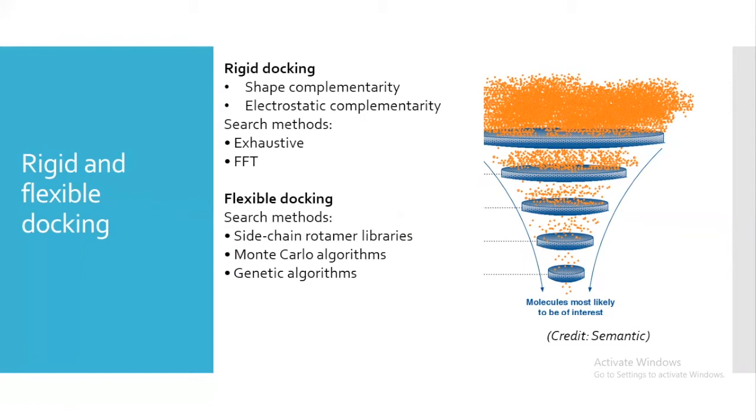In flexible docking, the protein changes its conformation, that is the bond angles and bond lengths and everything, in such a way that it can accommodate the ligand. So flexible docking is preferred when we are talking about protein and small molecule interactions. In case of protein docking, rigid docking is preferred.